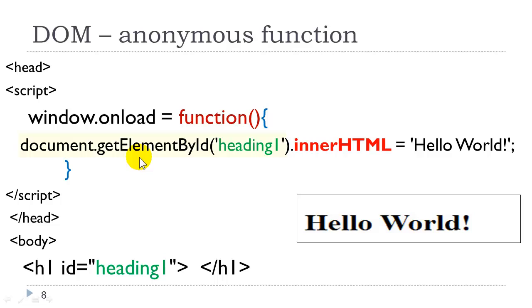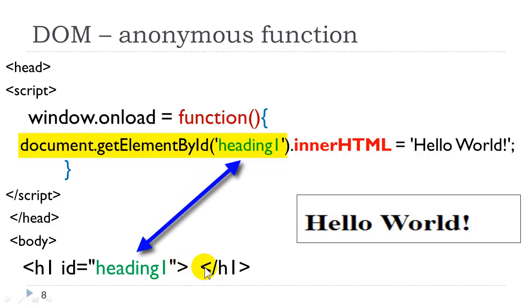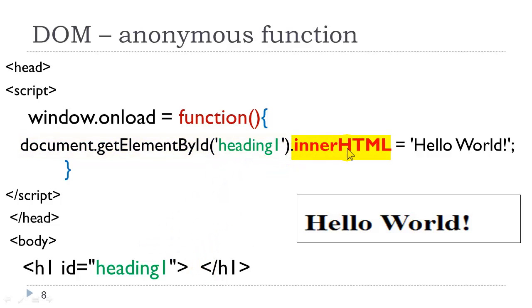Here is our statement, document.getElementById heading 1. We're referring to this element down here. Notice there is nothing in between the opening and closing tags. We have a dot innerHTML. This is the innerHTML property of this object. The innerHTML property means whatever is in between the opening and closing tag is HTML and text.